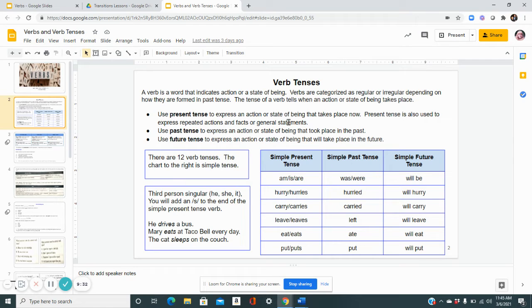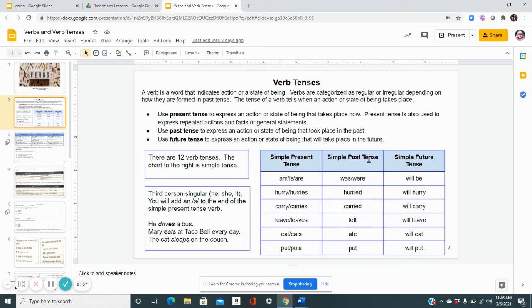In the English language, we have 12 verb tenses. That's a lot. But when I say 12 verb tenses, we have several different classifications of verbs, and then each verb tense has 3 tenses.